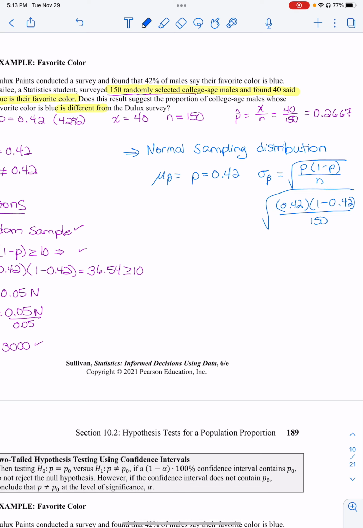We're going to take the square root of that. So if I punch that into my calculator, what you should get is 0.043. All right, so we have a normal sampling distribution with a mean of 0.42 and a standard deviation of 0.043.